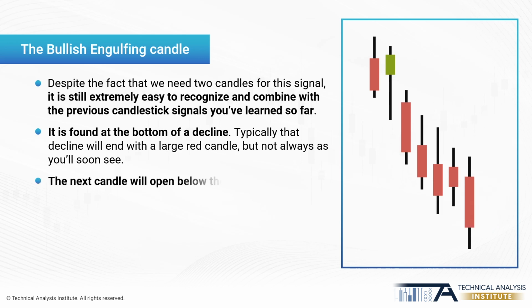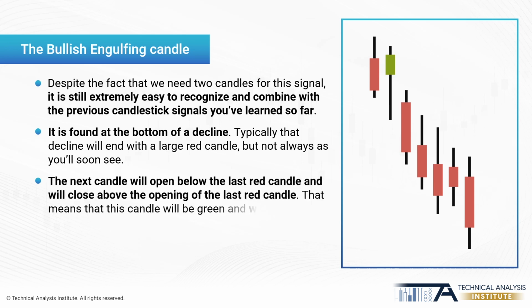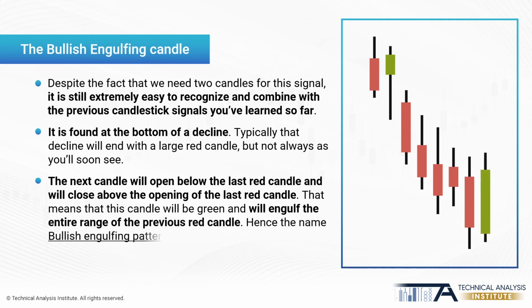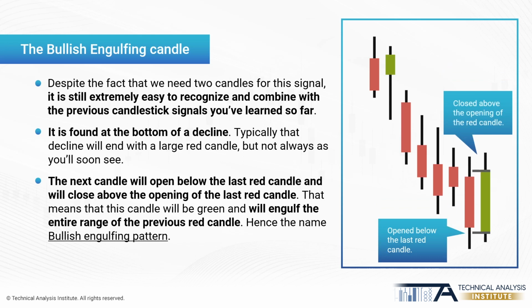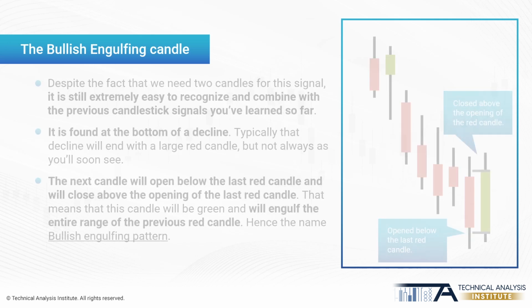The next candle will open below the last red candle and will close above the opening of the last red candle. That means that this candle will be green and will engulf the entire range of the previous red candle. Hence the name bullish engulfing pattern.